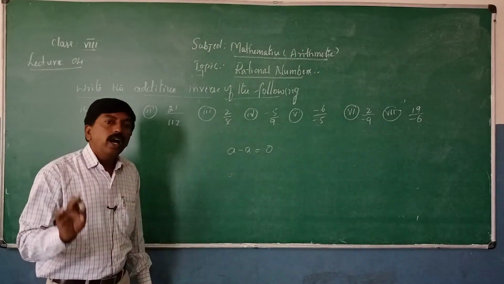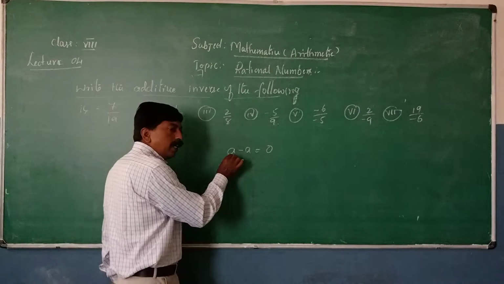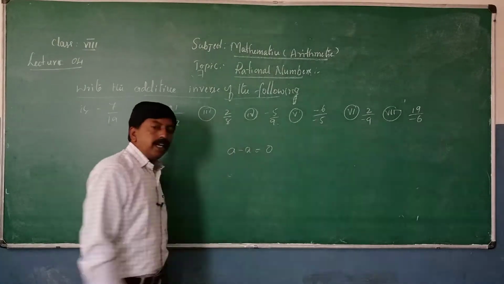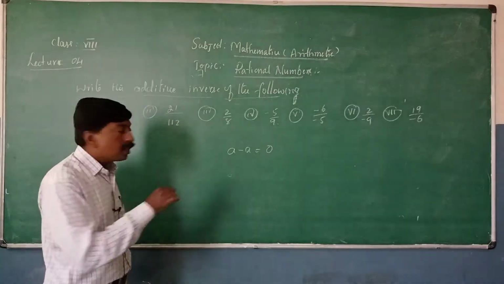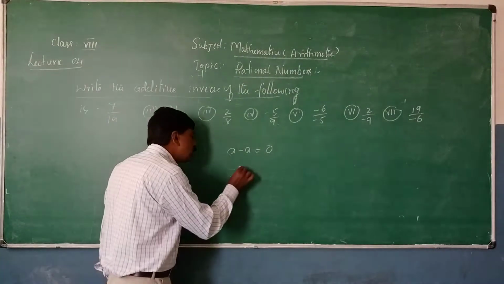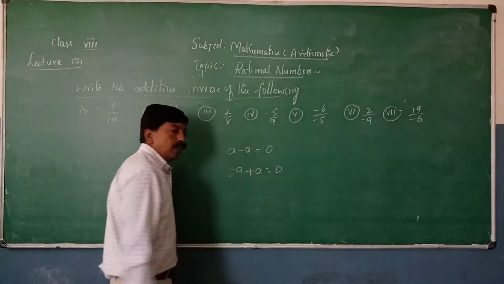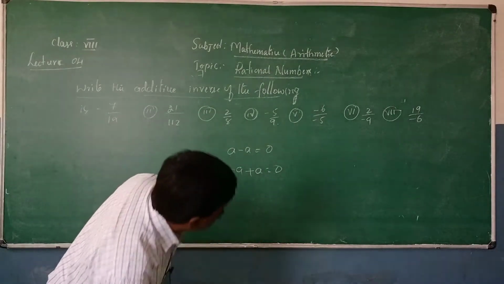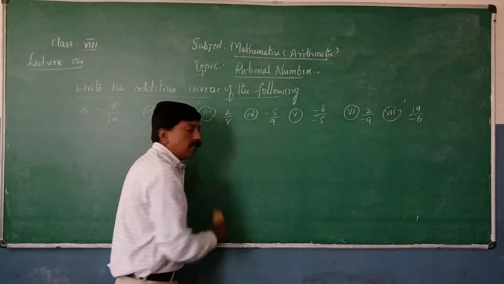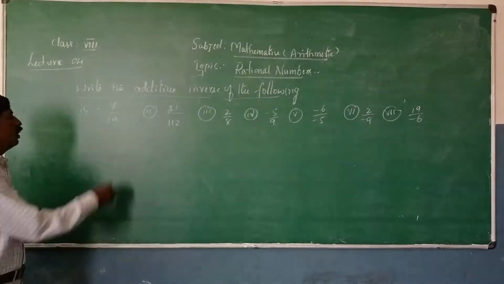Therefore, if A is a number, minus A is the additive inverse of that A. Suppose minus A is given, you can write plus A, the sum is 0. So any number that is given, its sign-opposite number is called its additive inverse.